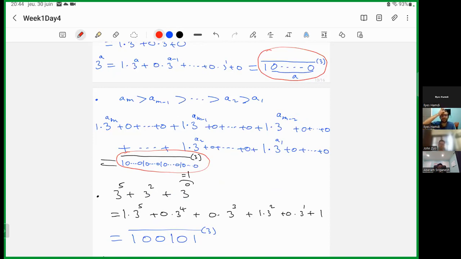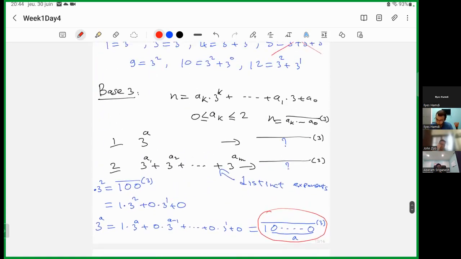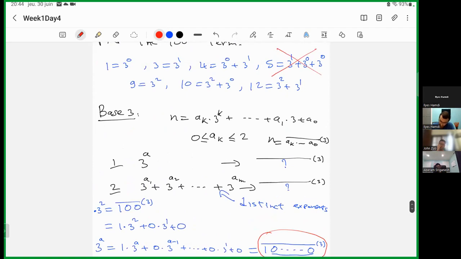Can you guys help? So you're saying keep 0, 1, 2. What do you mean keep 0, 1, 2? What do you mean by 2, actually? Because here I cannot see any 2. Like in base 3, as we said before, the digits can be either 0, 1, or 2, right?